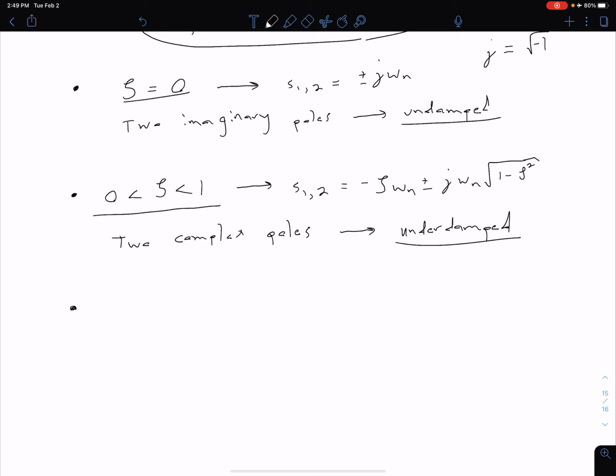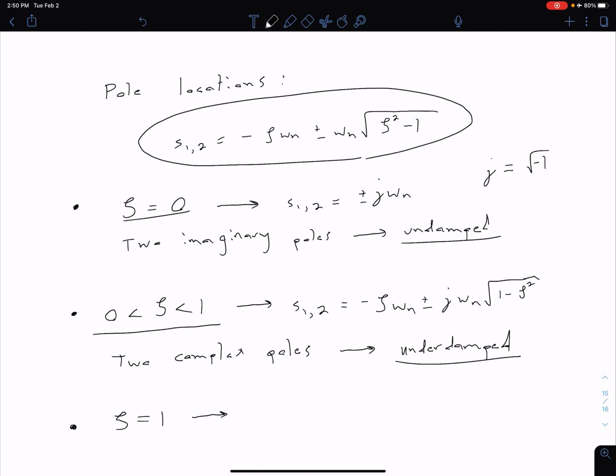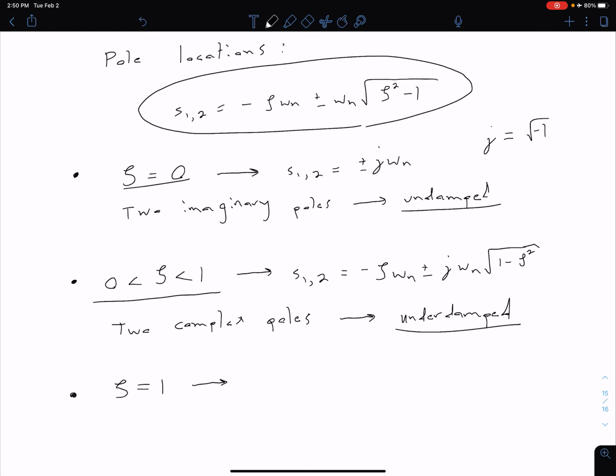Let's keep on increasing our zeta. If we have our damping ratio zeta equal to 1, what does that give us? Looking at this equation for our poles, we plug in a 1, so for s1,2, for the first term we have negative omega_n, and plugging in our zeta here, we have 1 minus 1, which is 0.